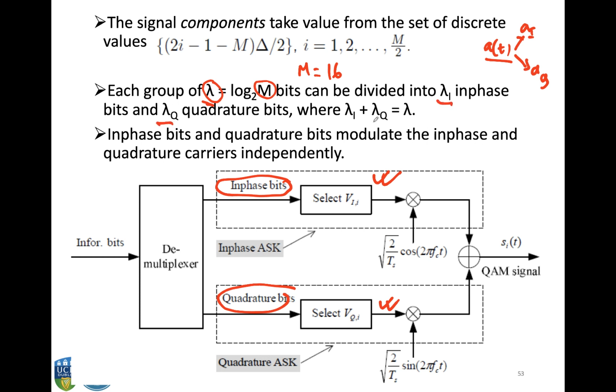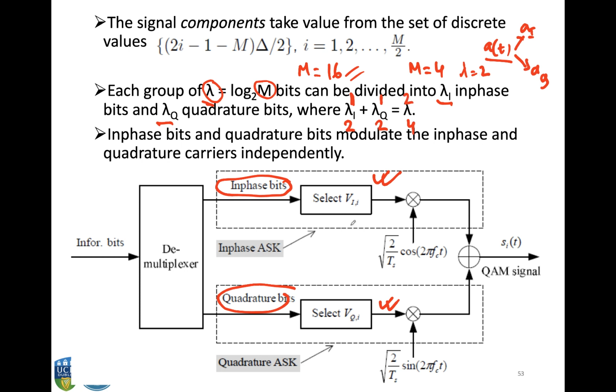So you can have 2 in phase bits and 2 quadrature bits, and you get 4 for M equal to 16. For QPSK, your M was 4 and your lambda was 2, and you are having 1 in phase bit and 1 quadrature bit, so you are making it 2 for QPSK.